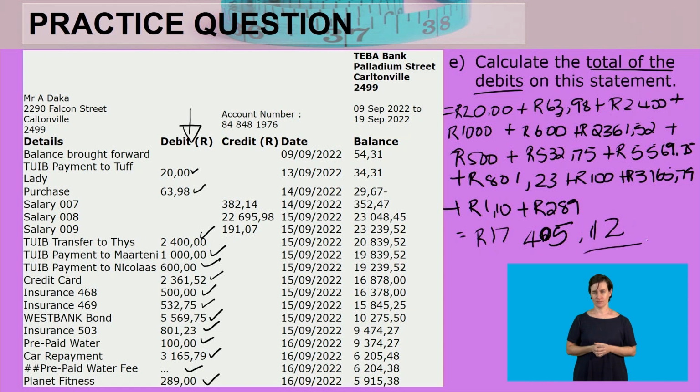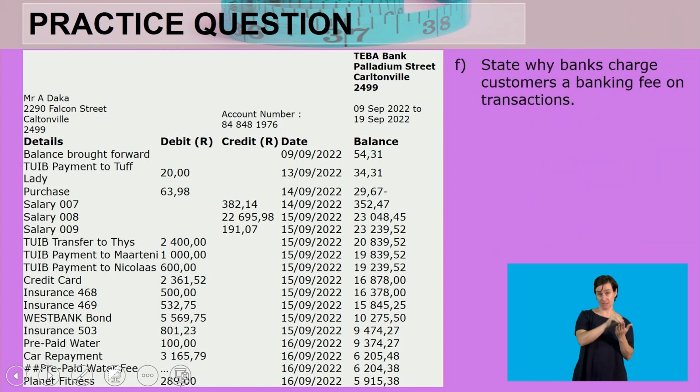So this is the total amount of the debits that were made on this statement. Now let us move to our next question.